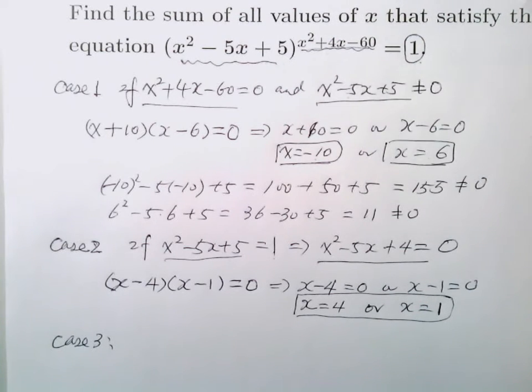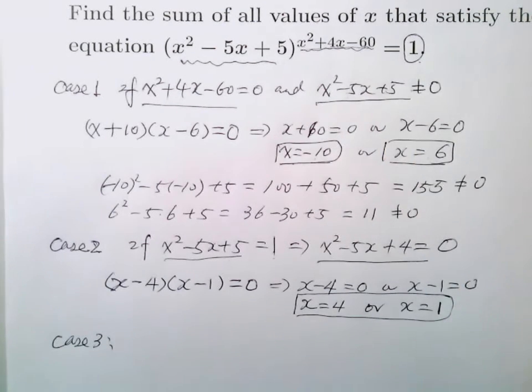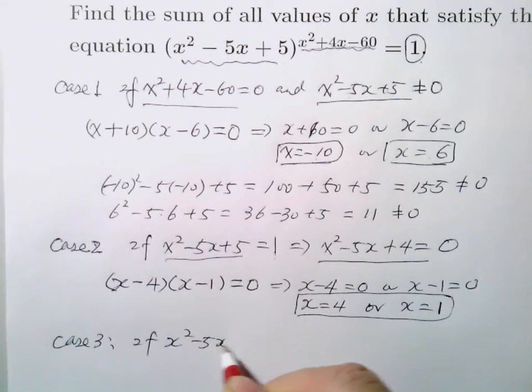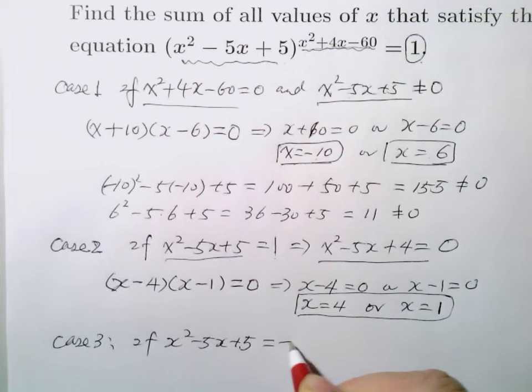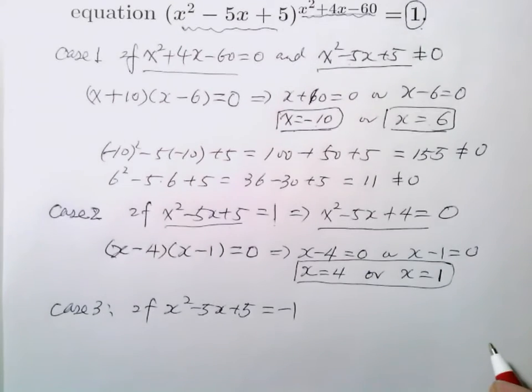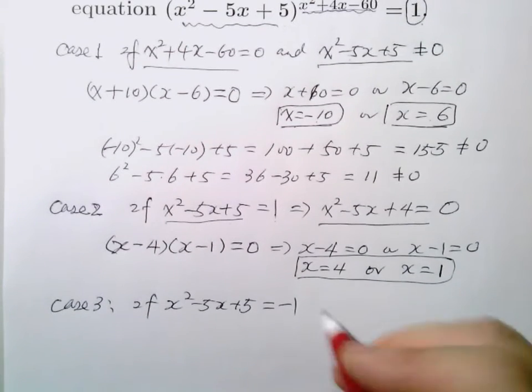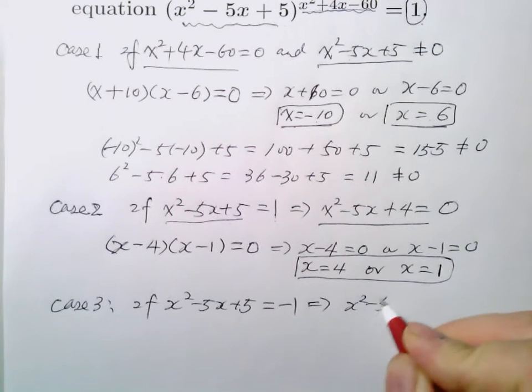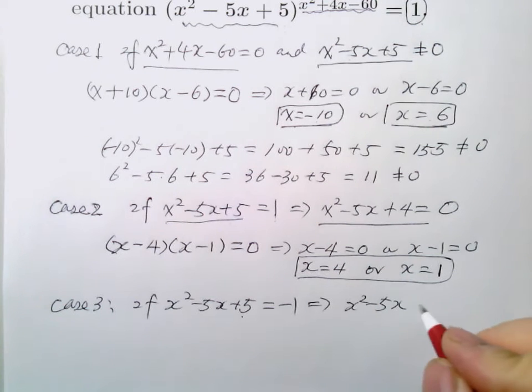Even exponents could be a positive even number or a negative even number. So if x squared minus 5x plus 5 equals negative 1, we solve this equation. We get x squared minus 5x, adding 1 to both sides, plus 6 equals 0.